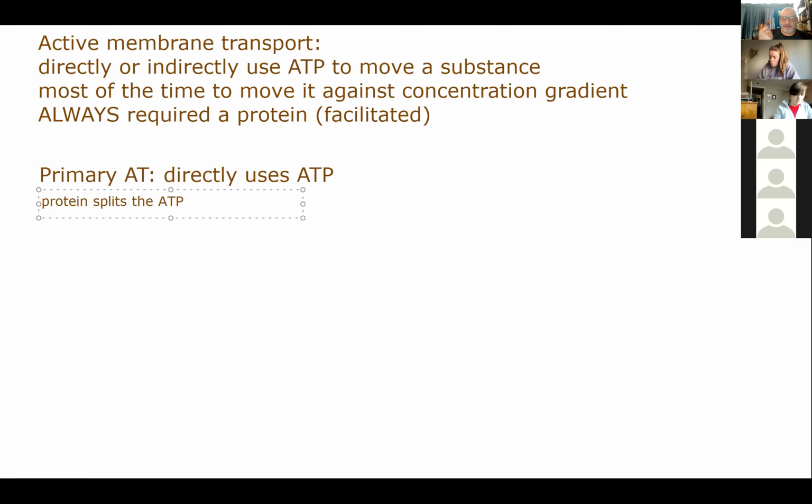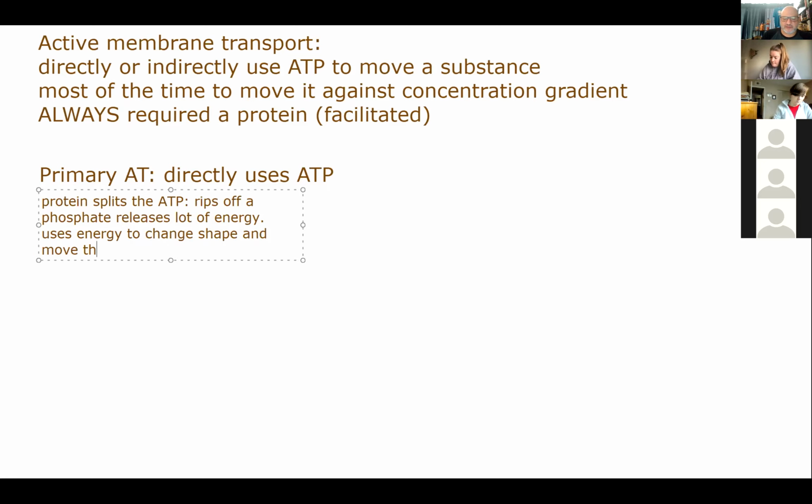And when it splits the ATP, remember, it rips off the phosphate, and that releases a lot of energy. And it uses the energy to change shape and move the substance.